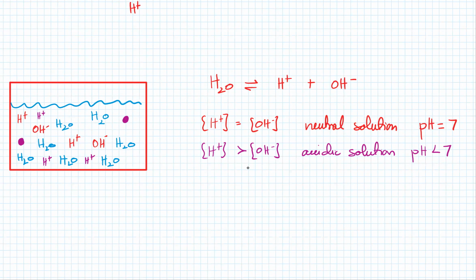And similarly, if you add a base to it, what a base would do is that it would accept H+ ions. So the quantity of H+ ions in solution would decrease. Or vice versa, you can say that the quantity of OH- ions would increase. You're going to have a lot more OH- ions.